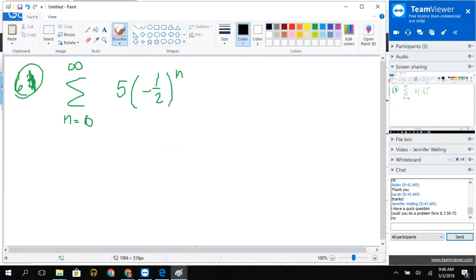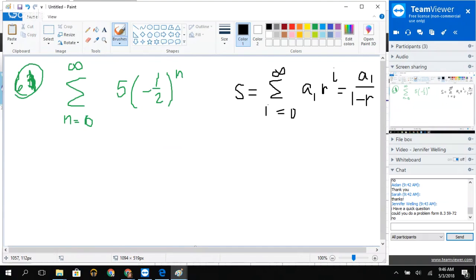So the formula is that the sum of a series that goes from 0 to infinity of some constant times our ratio to the i power equals our first term over 1 minus r.